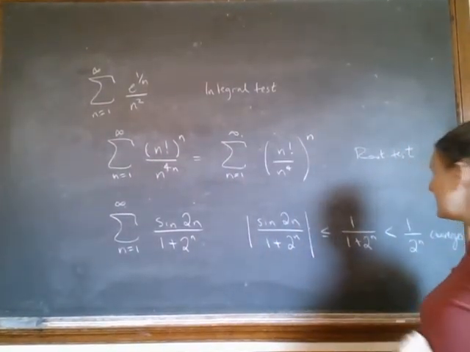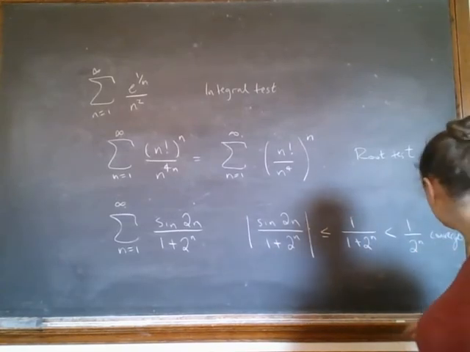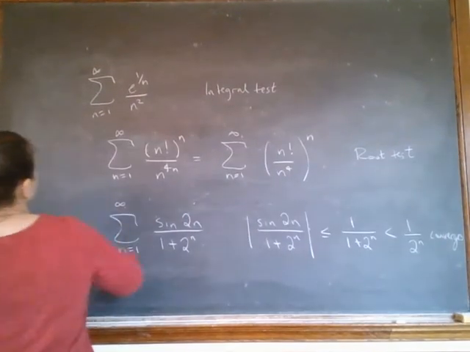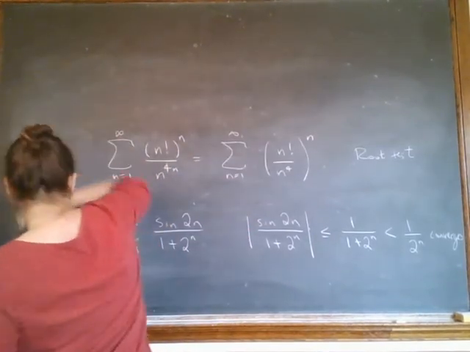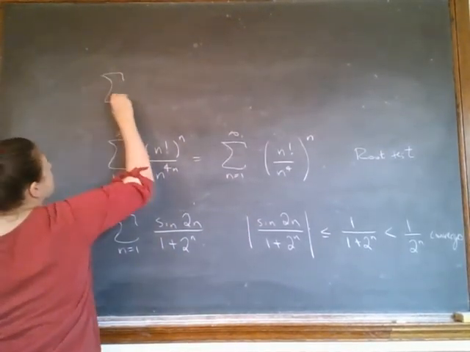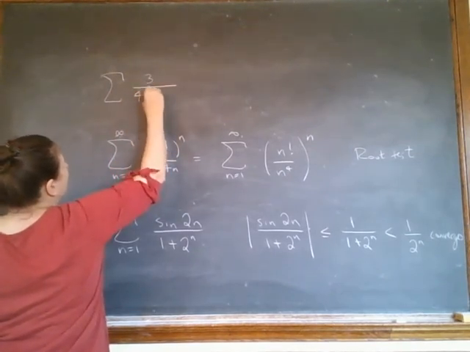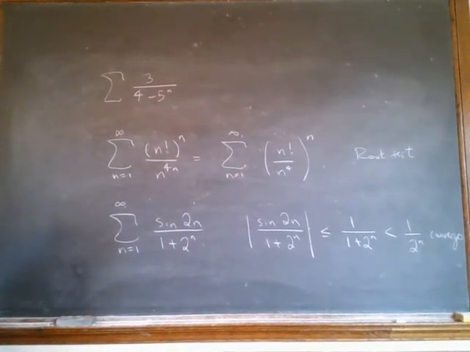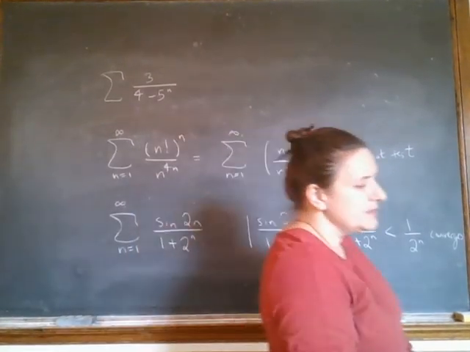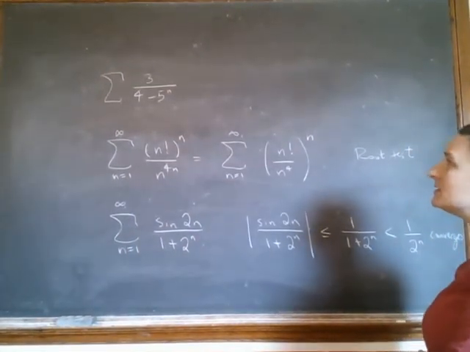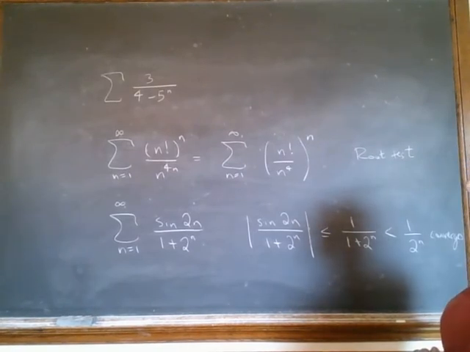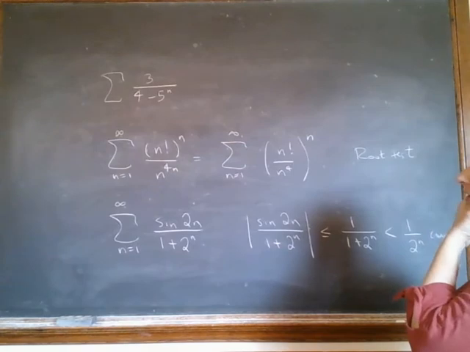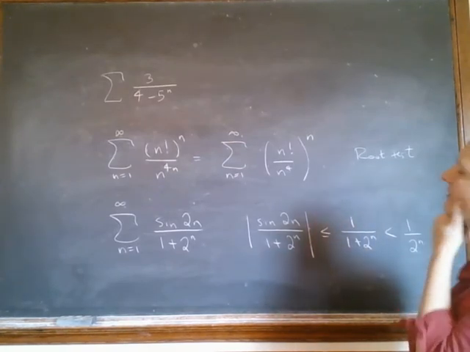Now, the other thing I wanted to mention, sometimes you will see something like this. Again, I didn't have that on my little board, but something like that you would probably find easier to do with limit comparison, except I have the minus 5.